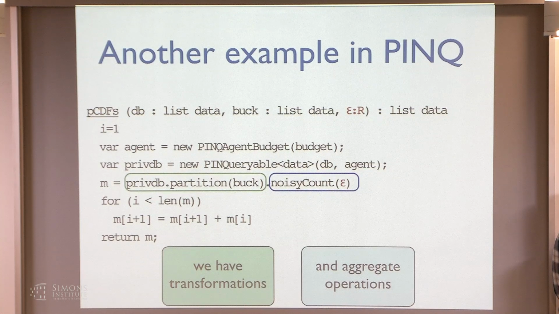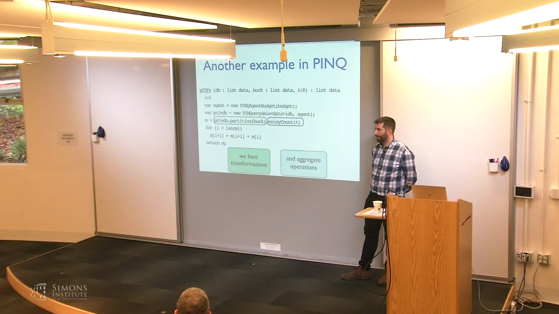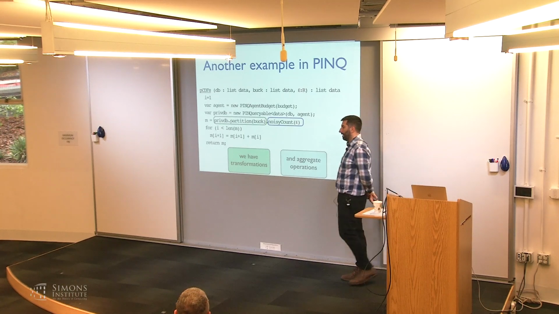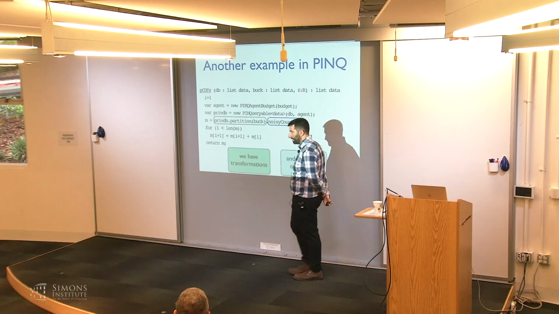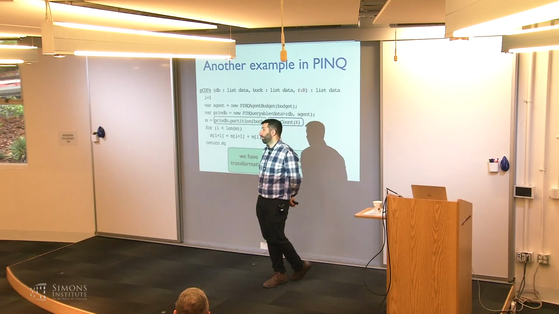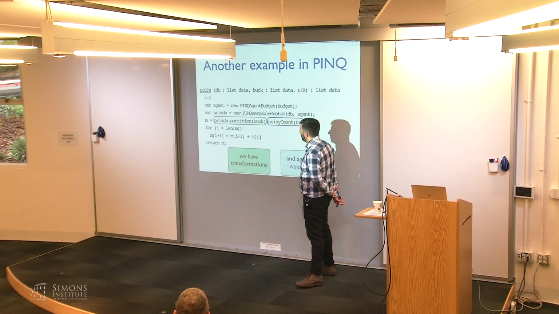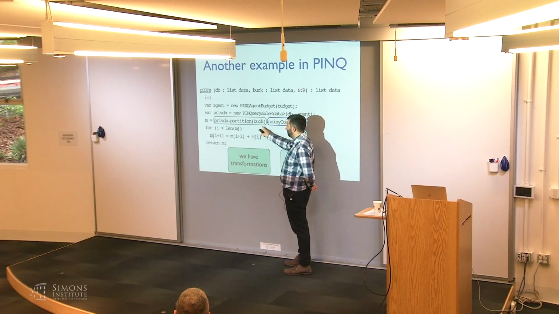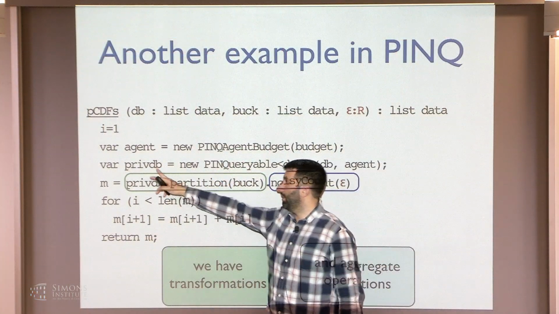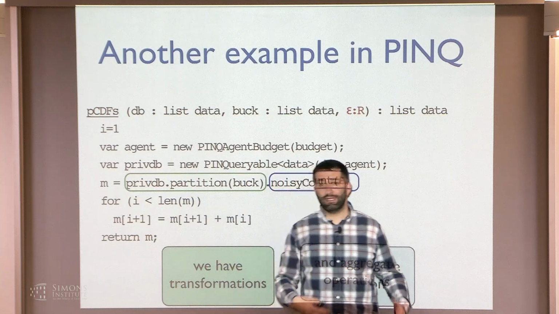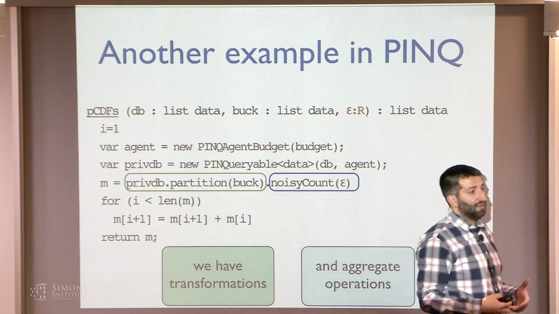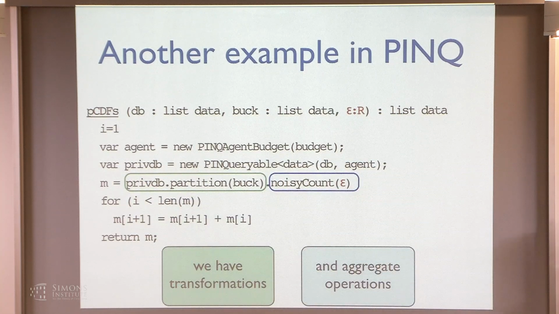Okay? Maybe one other very elementary question. If I try to now access privdb not via noisy count, but via something non-private, like just count, will it also throw an error? Yeah, exactly. That's the whole idea. Once you have this kind of object, it has an interface that allows only some kinds of operations.